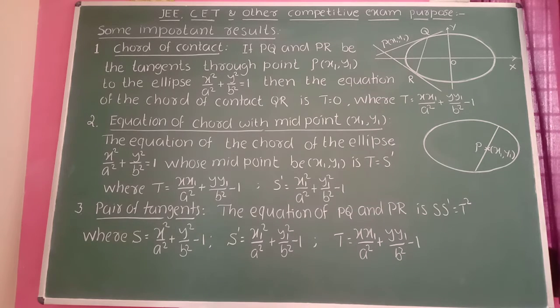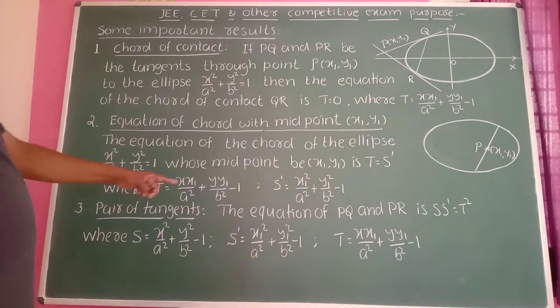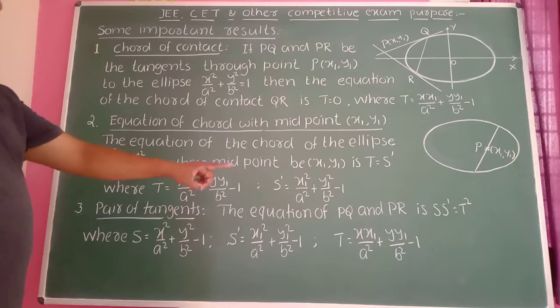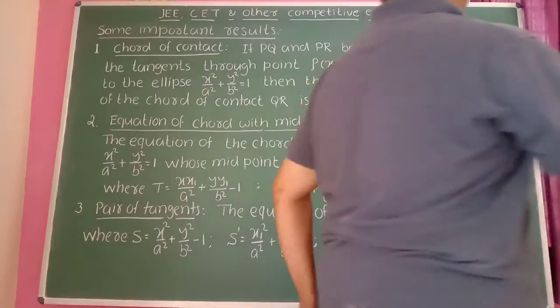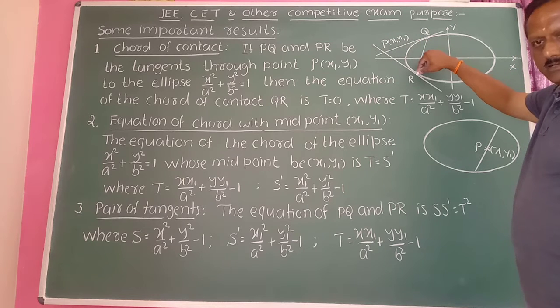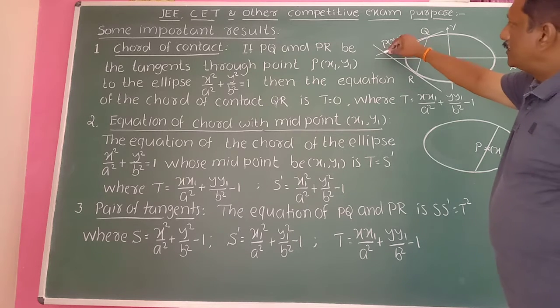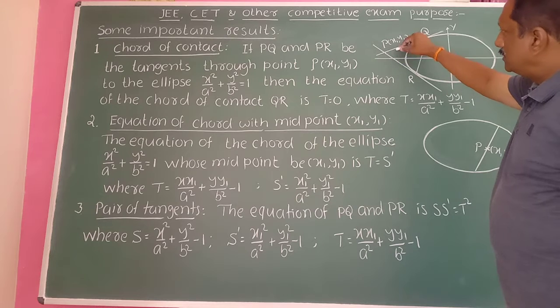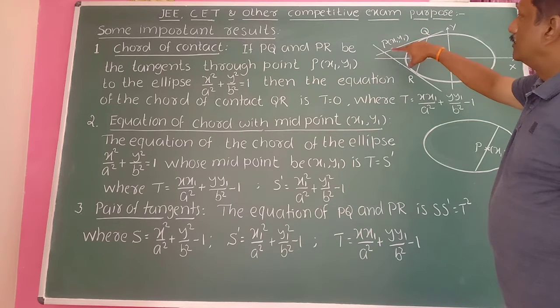Now, the pair of tangents. The equation of PQ and PR is SS' = T². Here PQ is one tangent and PR is the other tangent, drawn from the point (x1, y1). These are called the pair of tangents from the point (x1, y1).